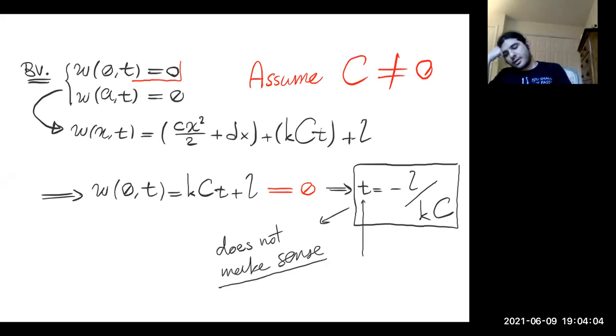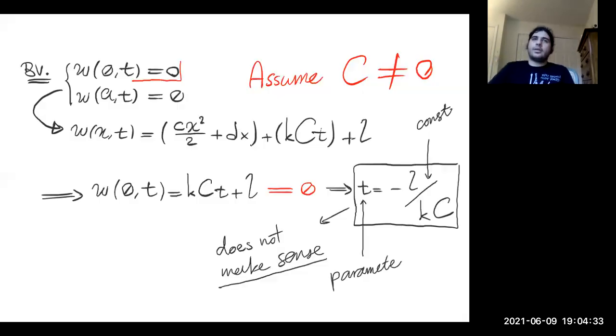On one side we have our parameter t, and on the other side we have a constant. Is that correct? Is it something which is valid or not? Yeah, it is not. So that answer is correct, but we should understand why. So also, would this assume f2 is equal to 0? Well, in some sense, but let's first understand why this does not make sense.